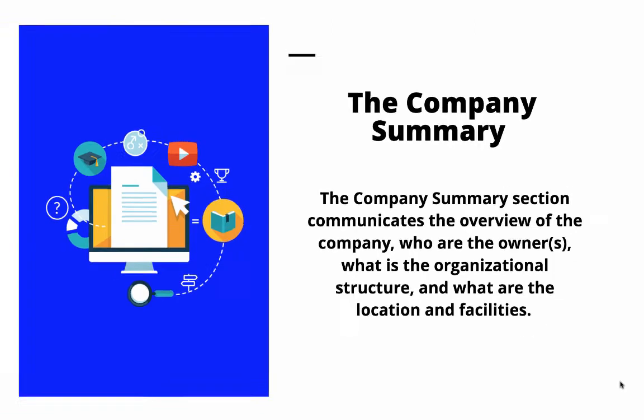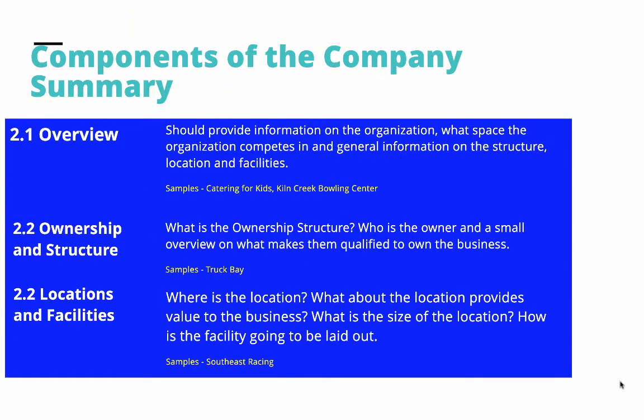And so when we look at what is going to be in each of the different topics, first, in a lot of the chapters, we will have a topic called overview. And so this is going to provide information on the organization, what space the organization competes in, and general information on the structure, location, and facilities.